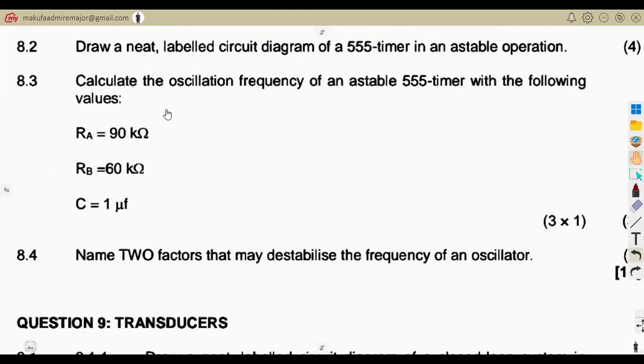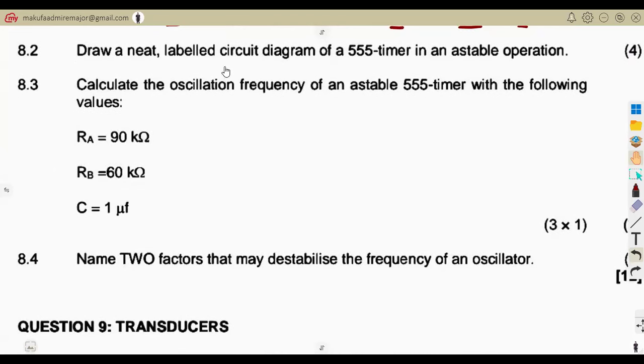So the question was to draw a neat labeled circuit diagram of a 555 timer in an astable operation. Take note, it's an astable operation because it can be a condition that you are given a monostable operation. So in this case, they wanted you to be in an astable operation, which is the astable mode.